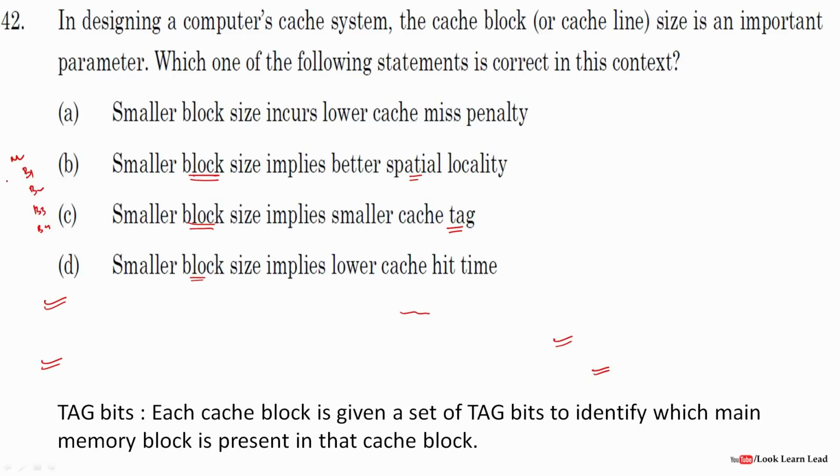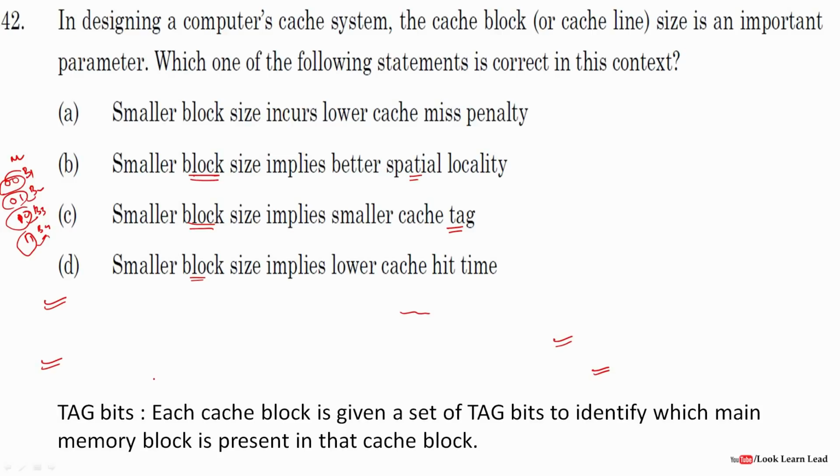There would be some tag bits which identify these blocks. Suppose 00 identifies block 1, 01 is block 2, 10 is block 3 and 11 is block 4. These bits are called tag bits, which are used to identify which block of the main memory is present in the cache.